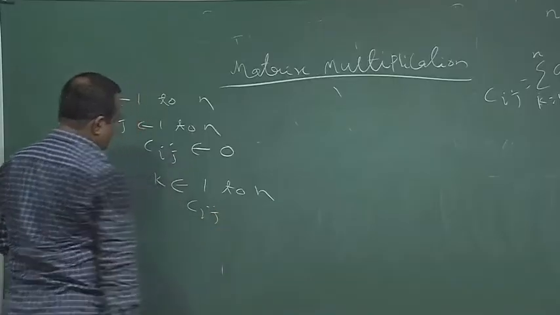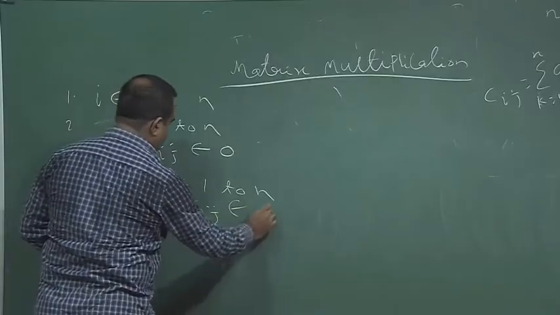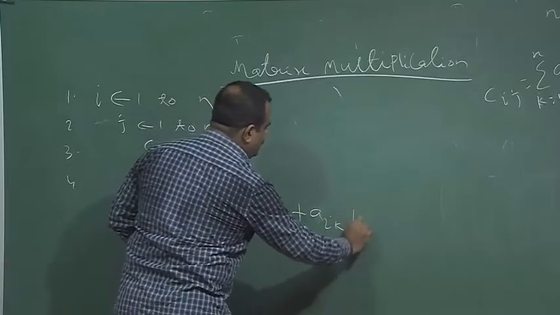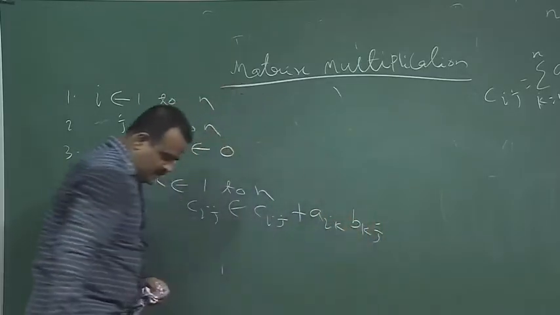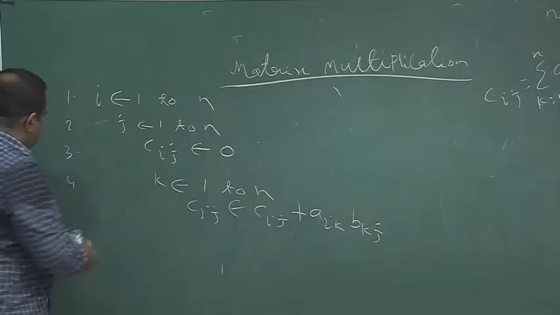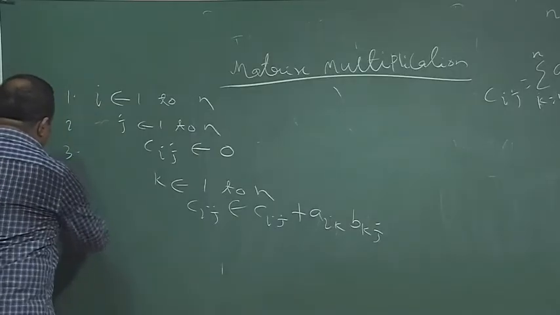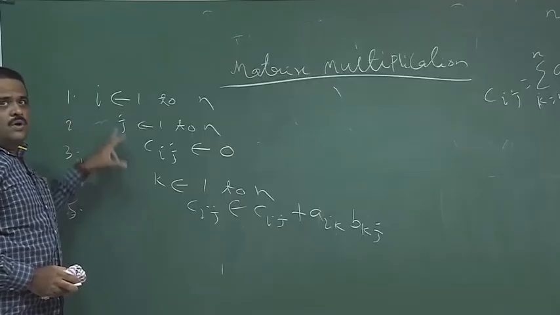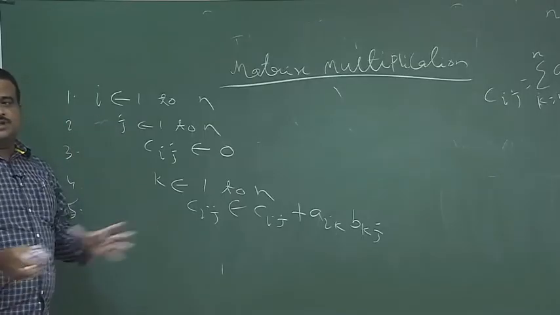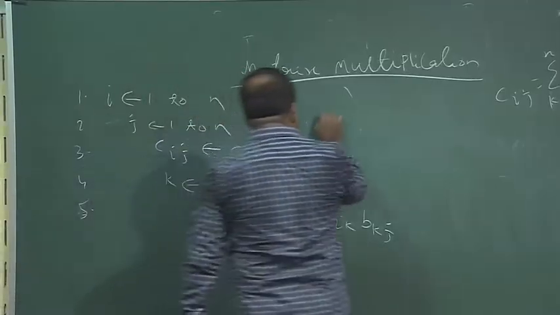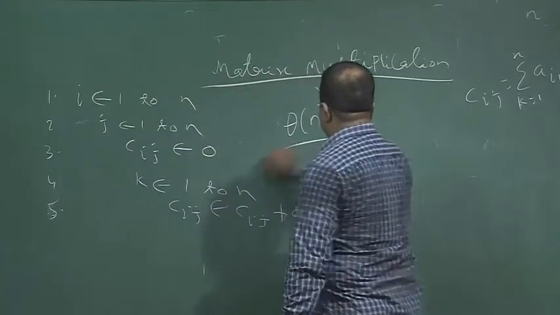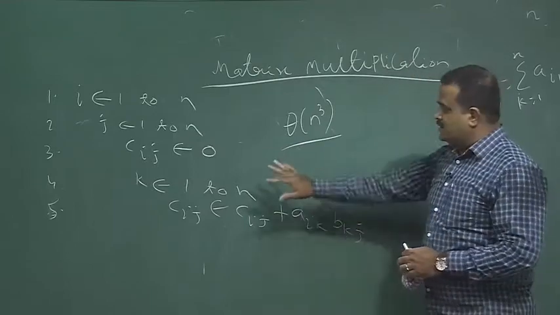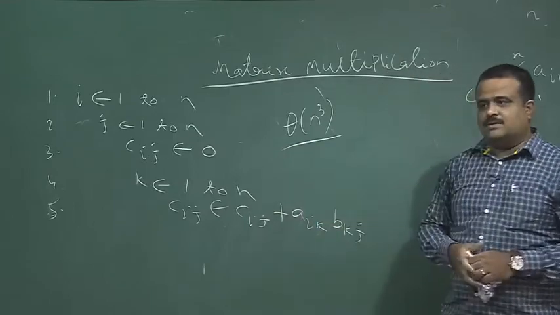C(ij) is C(ij) plus A(ik) into B(kj). That is it. This is the standard code for matrix multiplication. And what is the time complexity for this code? We have 3 for loops, each of size n. So the time is order of n cube. This is the time for the standard matrix multiplication code.